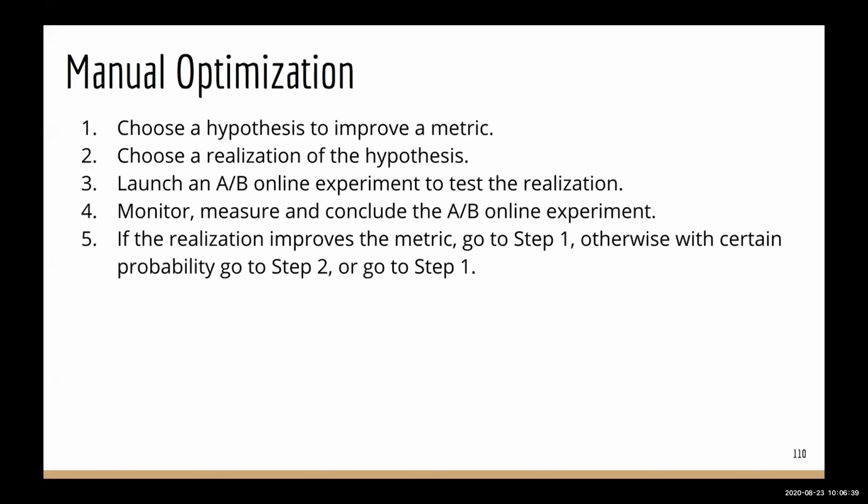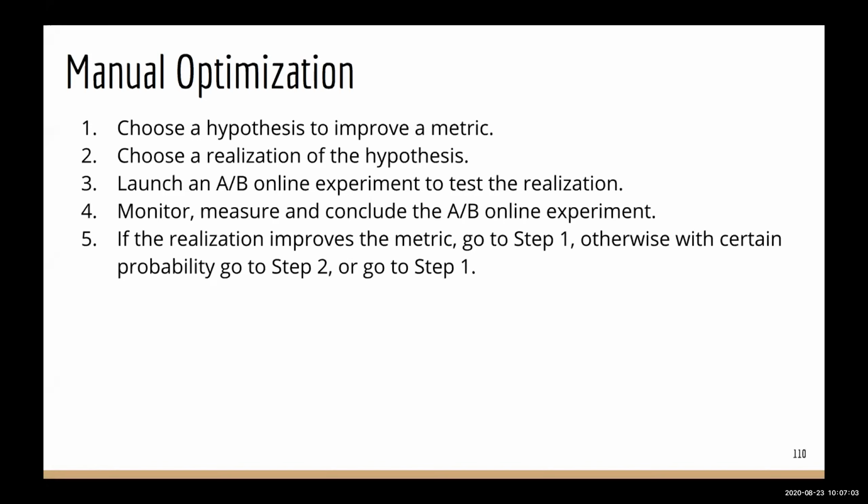Then after some discussion with your product managers, with your engineers, you choose, say, a particular color, red, let's say, and then you launch an online A/B test, an A/B experiment, to test that idea, right? And then you monitor, you measure, and let's say the metric you care about is conversion rate.